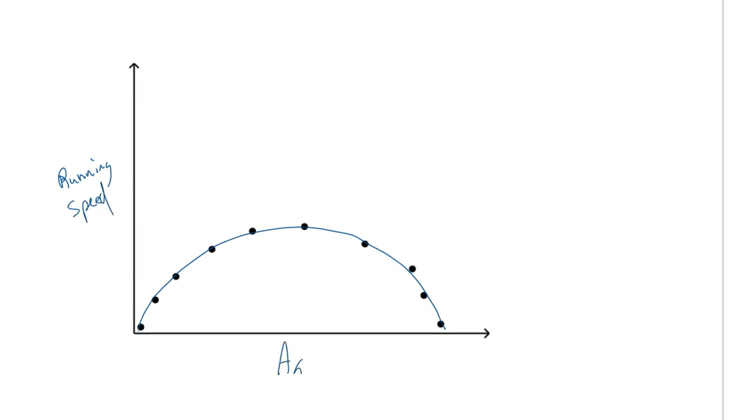Okay. So when you're a baby, you don't run very fast. When you're in your late teens or middle age, you're running your fastest. And when you get older, you can't run anymore. So you're slow again. And there's lots of things that could go up and then go back down in a sort of curved fashion like that. Okay. And we'll see a little bit of relationships that are curved like this as well.